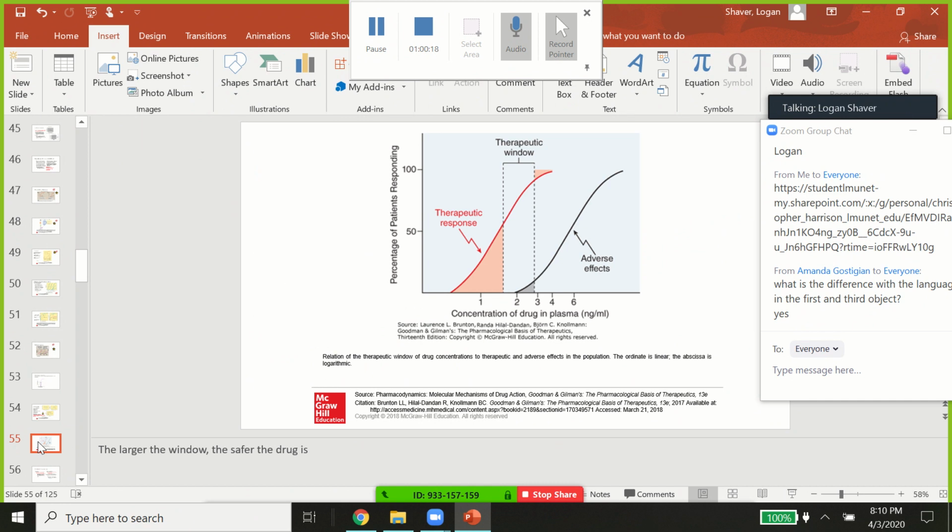This I included because it gives you an upfront look at what a therapeutic window looks like. She doesn't have it in red or anything, but in case you've never heard of a therapeutic index or a therapeutic window of any sort, it gives you a good example. Basically, you have your therapeutic concentrations. Then you have a concentration that's way too high that leads to adverse effects, basically side effects.